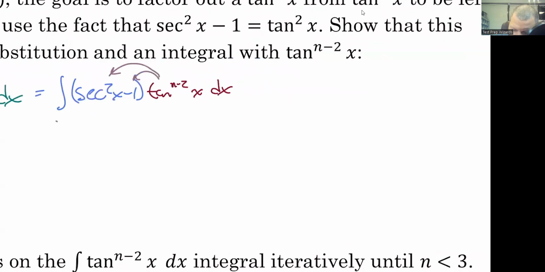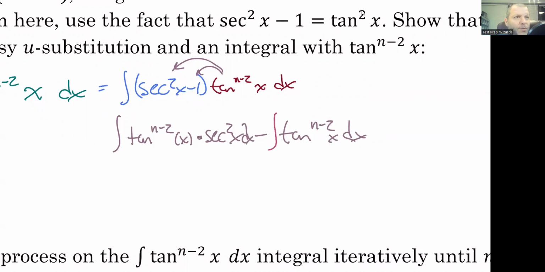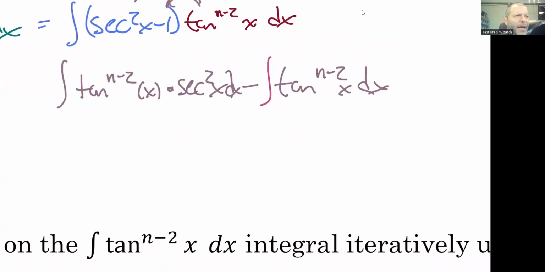So this is going to be the antiderivative of tangent to the n minus 2 of x times secant squared of x, minus tangent to the n minus 2 of x, dx. I'm just going to give that integral to both terms because I can do that. This might not look that much better.